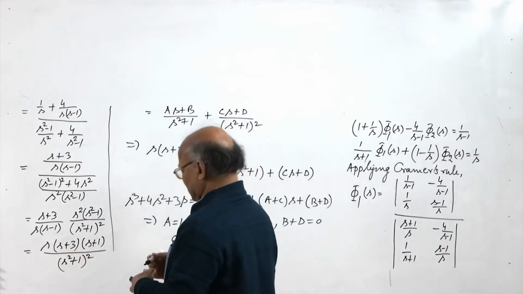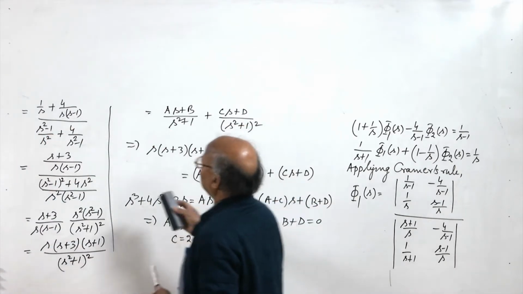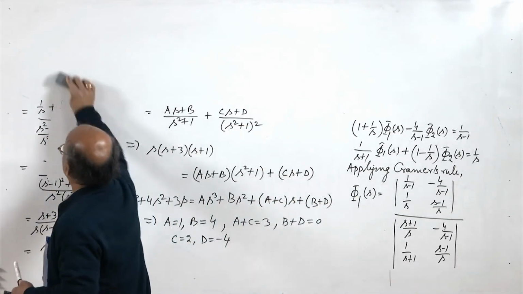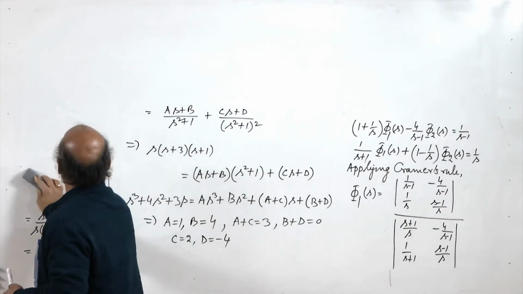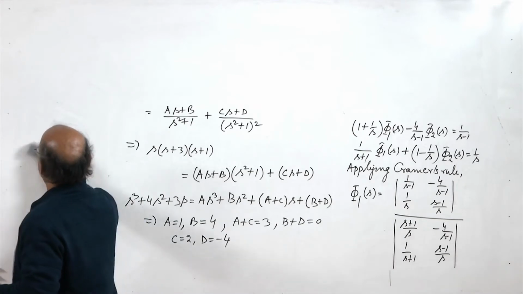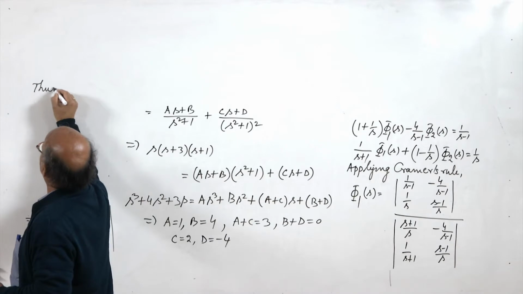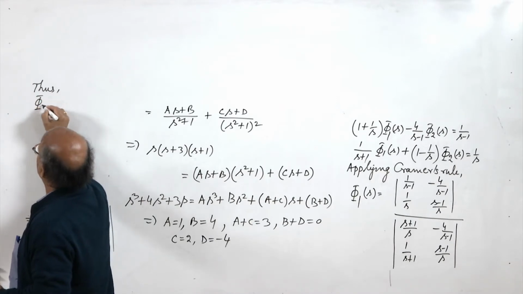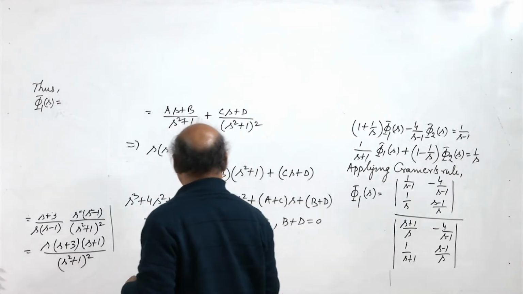So thus we have phi 1 s equal to as plus b upon s square plus 1.